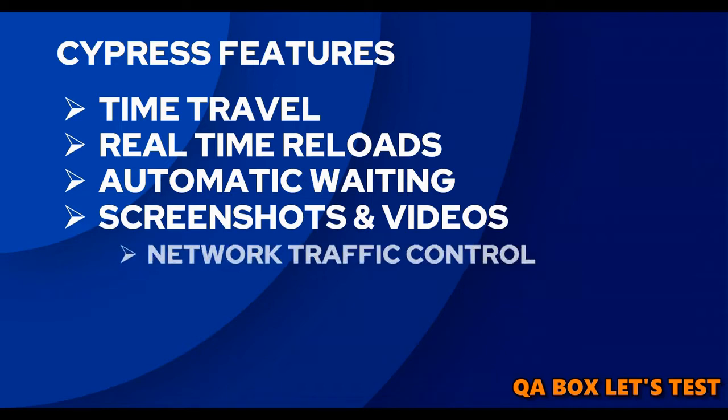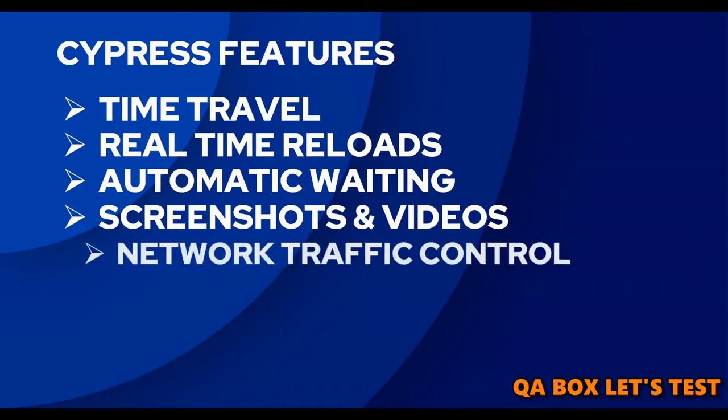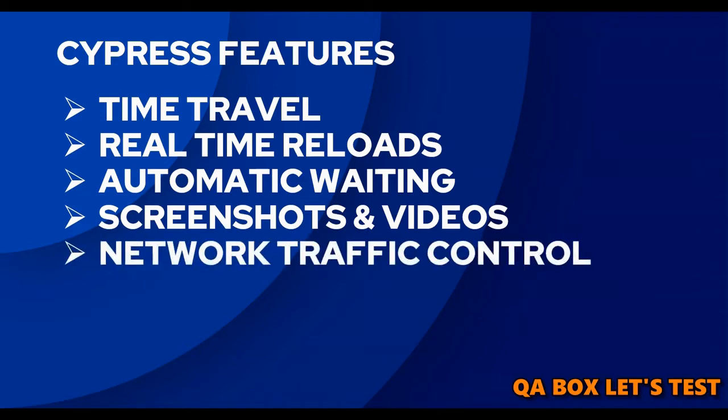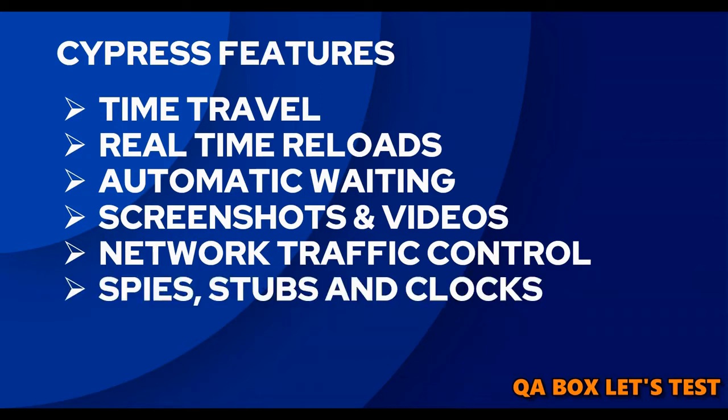Network traffic control. Because of the architecture of Cypress, it can stub network traffic however you like. Spies, stubs, and clocks. Since we can also do unit testing using Cypress, it offers quite a lot from the unit testing sphere. We can verify and control the behavior of a function, server responses, or timers.